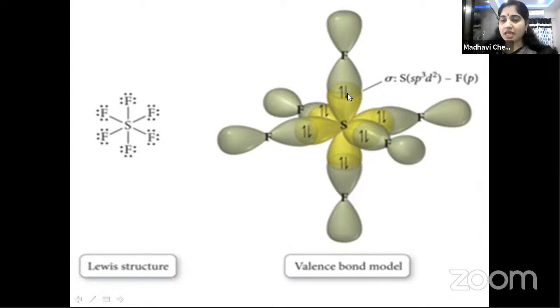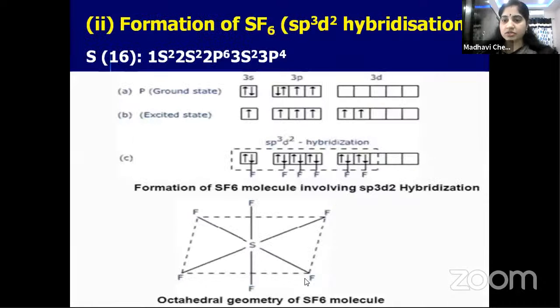That p orbital will overlap with the sp3d2 hybrid orbital of sulfur and form sigma bonds, so a total of 6 sigma bonds we will get. That structure is called the octahedral structure and the bond angle is 90 degrees. So this is about sp3d2 hybridization in SF6, children. So this is about hybridization.